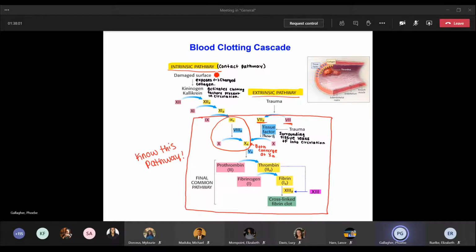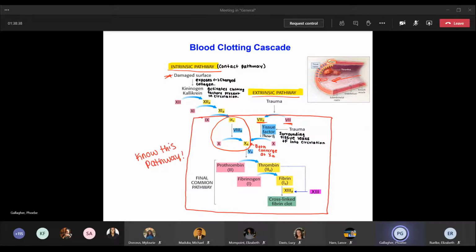Okay, so your intrinsic pathway is going to be activated by whatever factors are present in your bloodstream. So if these factors come in contact with the collagen, so if you lose one of these endothelial cells, you'll expose this connective tissue below it, and that's filled with this collagen that has these negative charges, and the negative charges are going to activate the factors, the zymogens that are associated with this cascade.